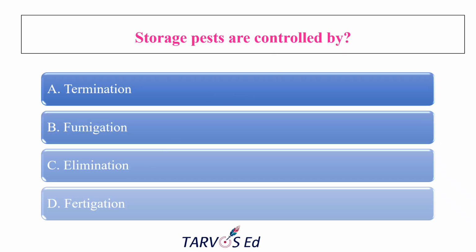Okay. And the next question is, storage pests are usually controlled by which method their population will get suppressed, they asked. So the options are termination, fumigation, elimination, and fertigation. Termination means the act of ending or stopping something.